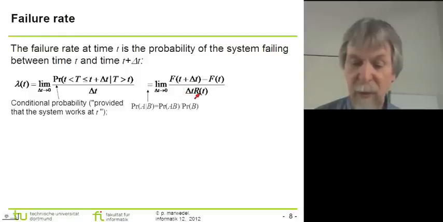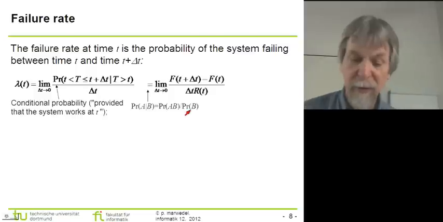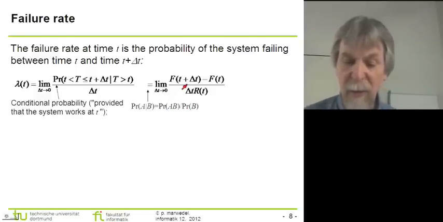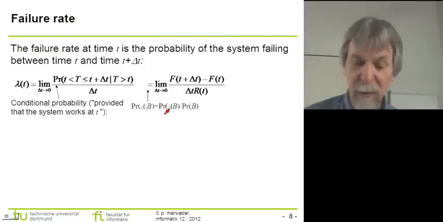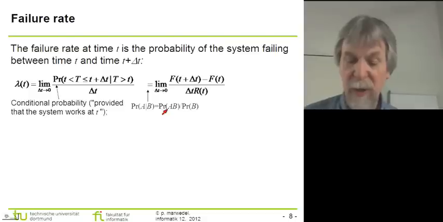Down here R of t corresponds to the probability of B, and the numerator corresponds to the joint probability of A and B. That's the probability of initially the system being operational and then at time t plus delta t not being operational.